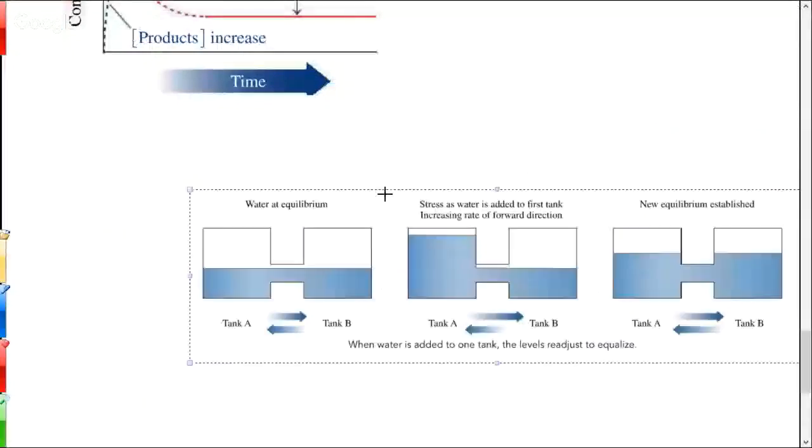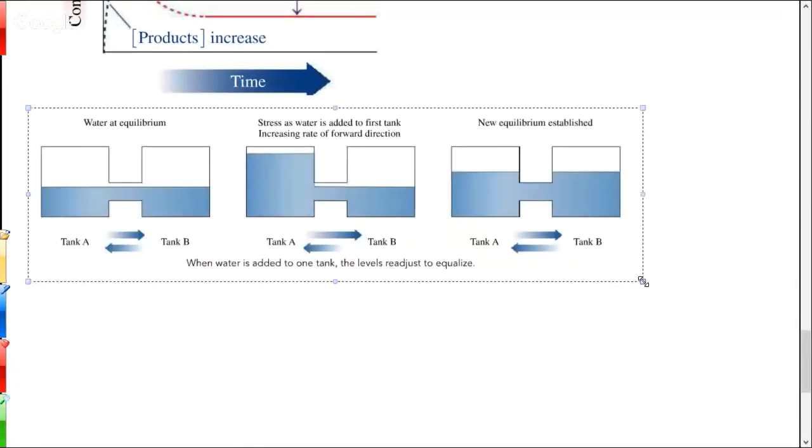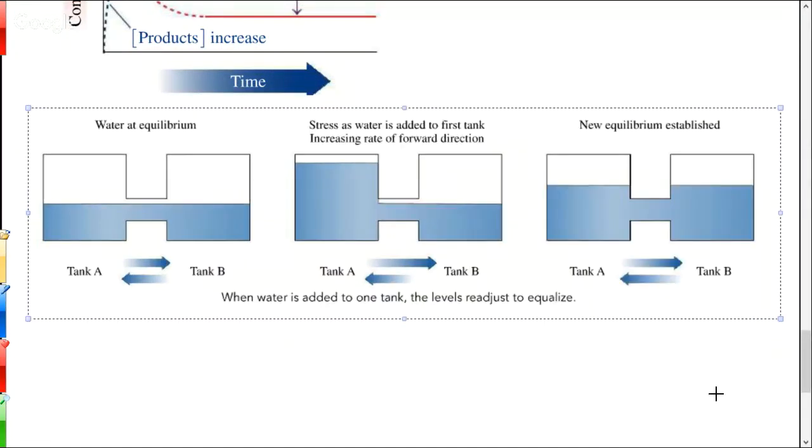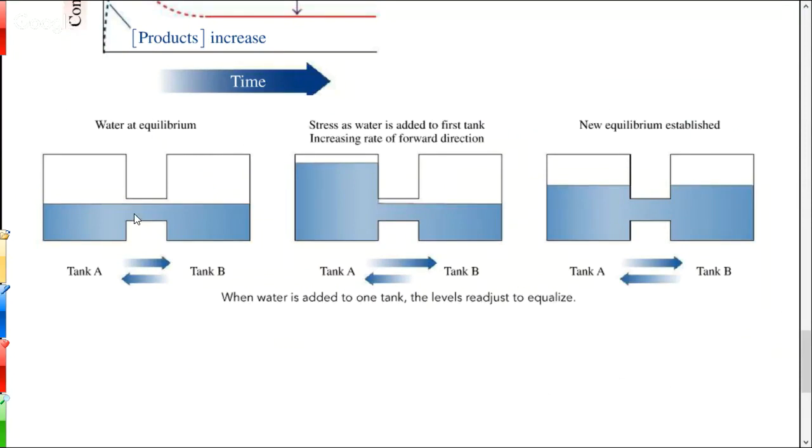And I don't know why this works so well, but it seems to be the easiest way to think about this and have it kind of make sense. So let's say you've got 2 tanks of water that are connected by a pipe. What's going to happen? Those tanks are going to even out, right?